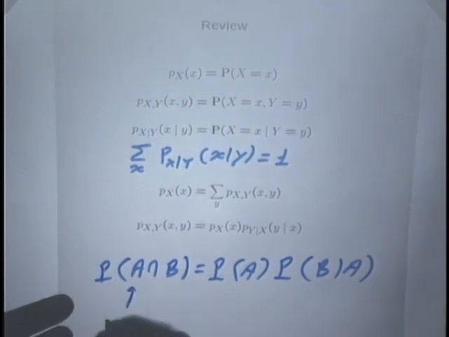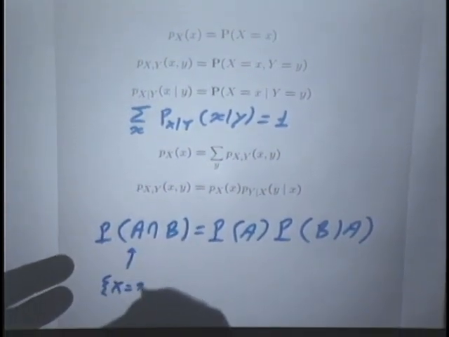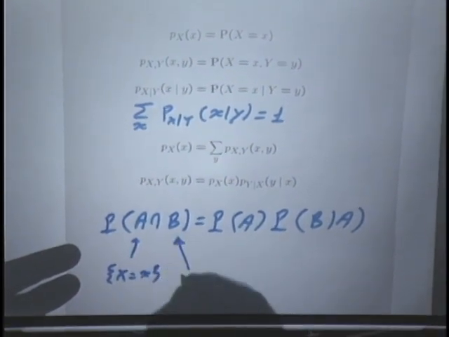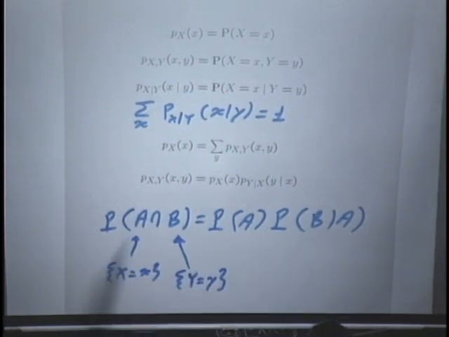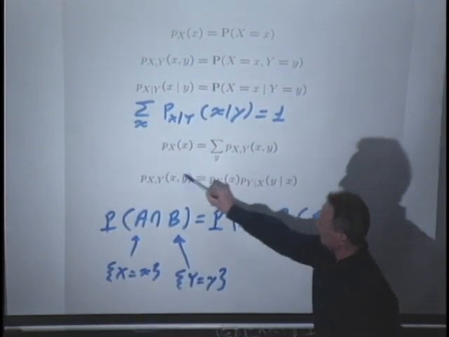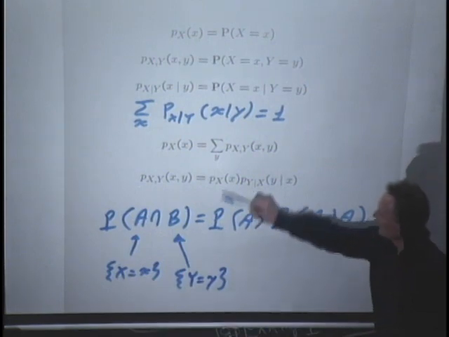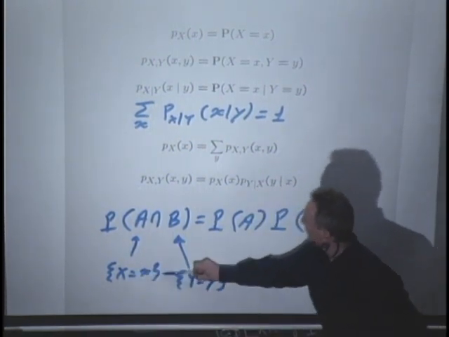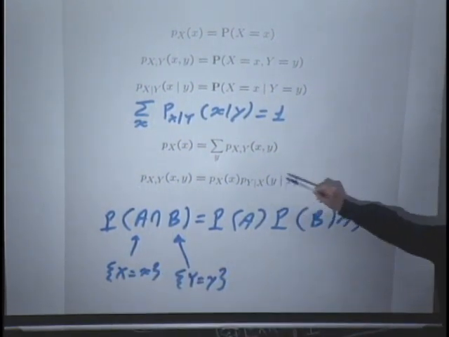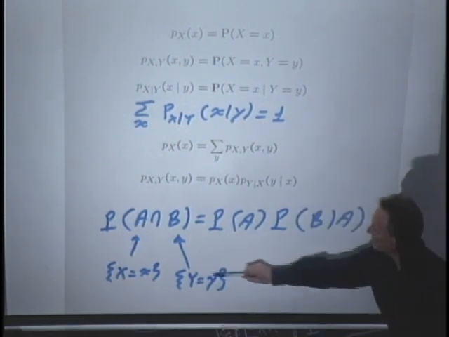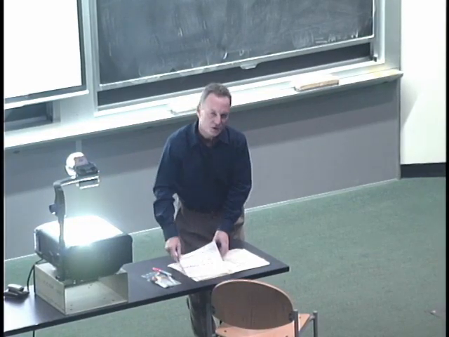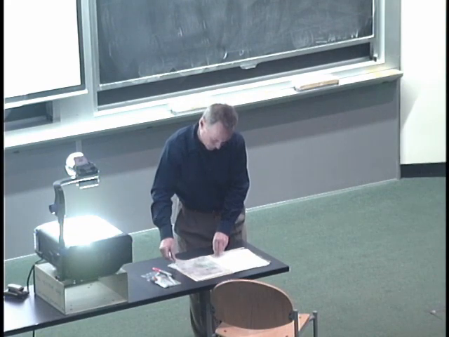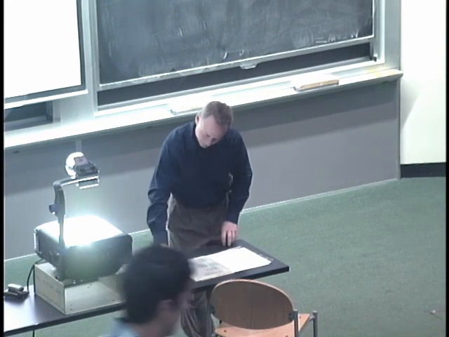Think of A as being the event that x takes the value little x, and B being the event that y takes the value little y. So the joint probability is the probability that these two things happen simultaneously. It's the probability that x takes this value, times the conditional probability that y takes this value given that x took that first value. So it's the familiar multiplication rule, but just transcribed in our new notation. So nothing new so far.